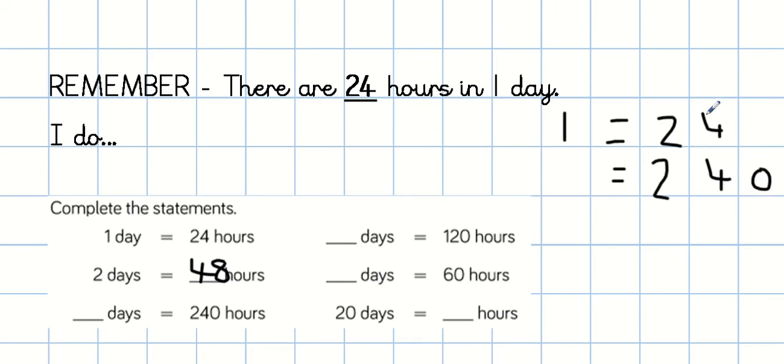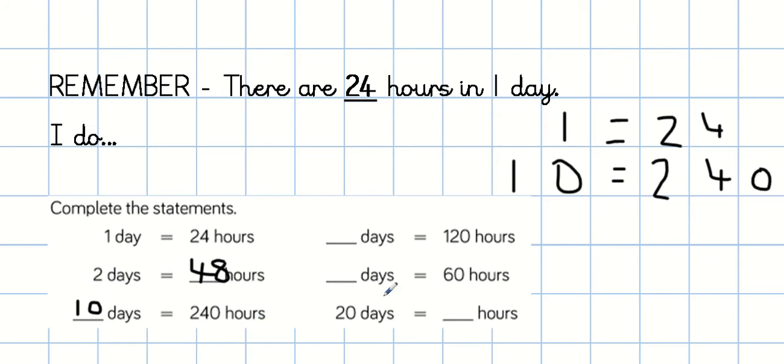Let's think of our related facts. I'll give you an example. 1 times 24 equals 24. So what times 24 is going to equal 240? The answer is 10. So 10 days equals 240.